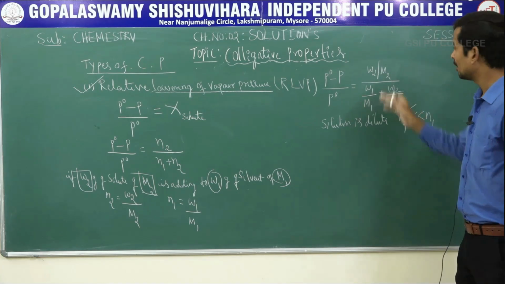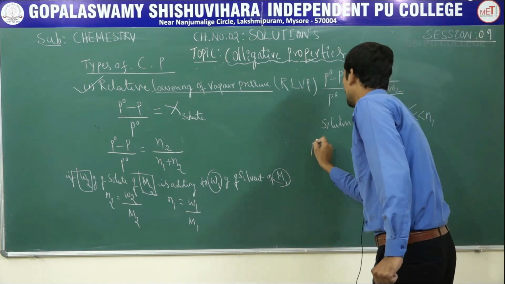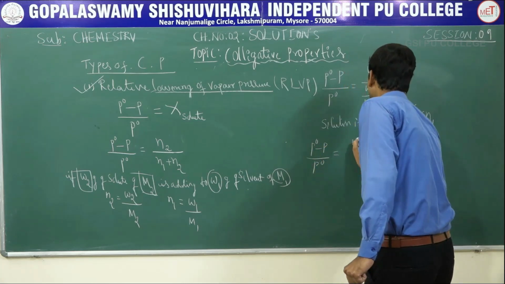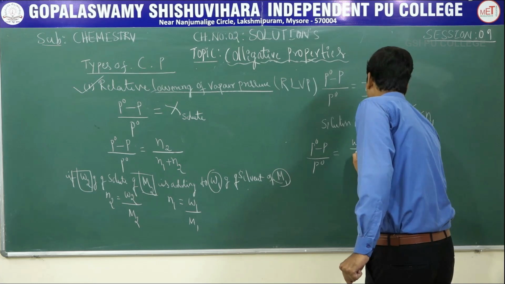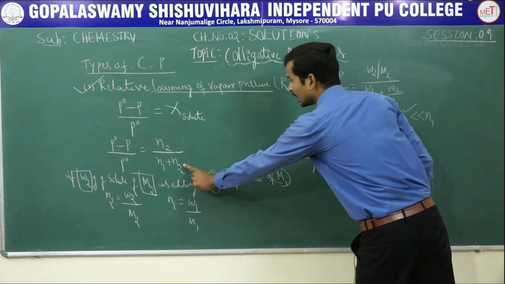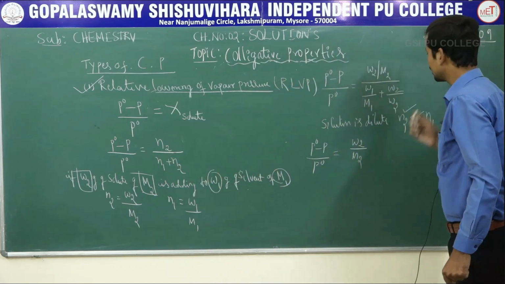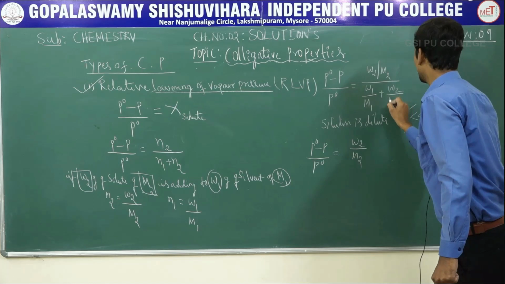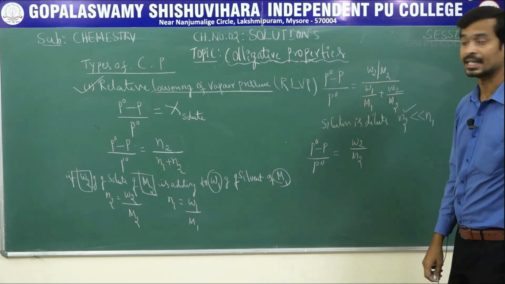Then see what happens here: P naught minus P divided by P naught is equal to W2 divided by M2. If you neglect N2 here, the W2 divided by M2 in the denominator can be neglected.